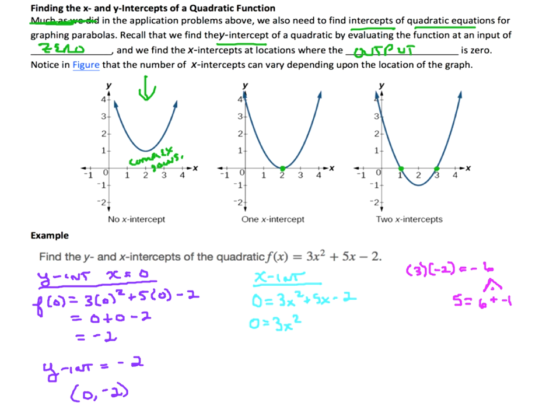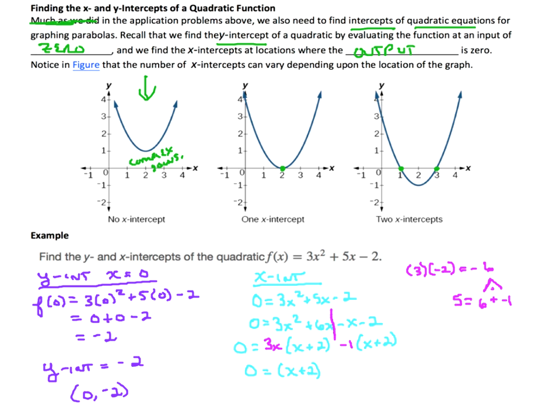I'm going to rewrite, busting up my bx term. 0 equals 3x squared. I don't write plus 5x, I write plus 6x minus 1x minus 2. And now I factor by grouping. So there's a GCF of 3x here, and I'm left over with x plus 2. There is a GCF of negative 1 here, and I'm left over with x plus 2, and that's still equaling 0.